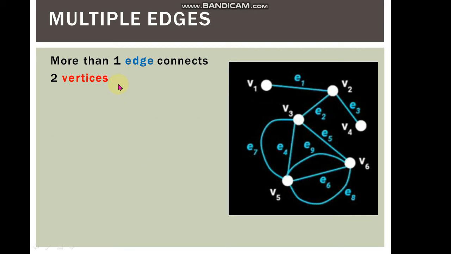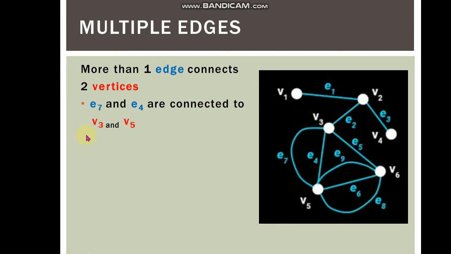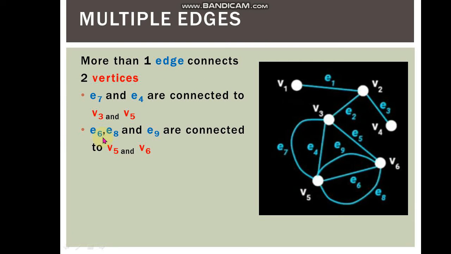Multiple edges. What is multiple edges? More than one edge connects two vertices. For example, E7 and E4 are connected to V3 and V5. Other example, E6, E8 and E9 are connected to V5 and V6.